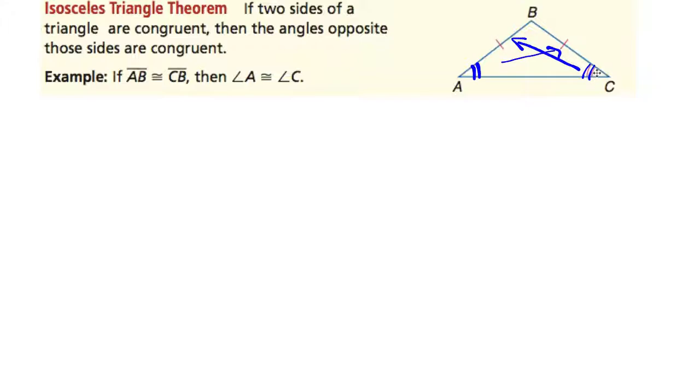So if angle C is a base angle, then side AB here is going to be one of the congruent sides, and the side opposite of angle A is side BC, and that's going to be another congruent side. So that's all this is saying, and actually that's how we've been looking at and defining isosceles triangles.